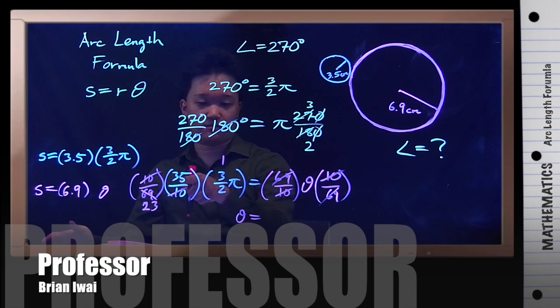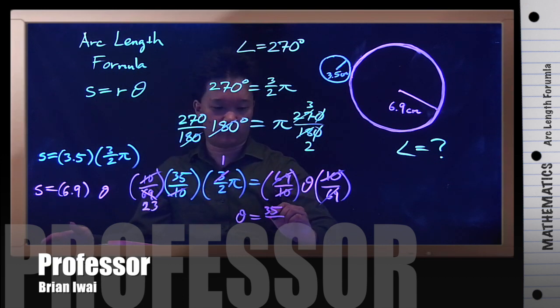The numerator is 35 times 1, so 35, and the denominator is 23 times 2, which gives me 46. And don't forget the pi radians. So theta is equal to 35 over 46 pi radians.